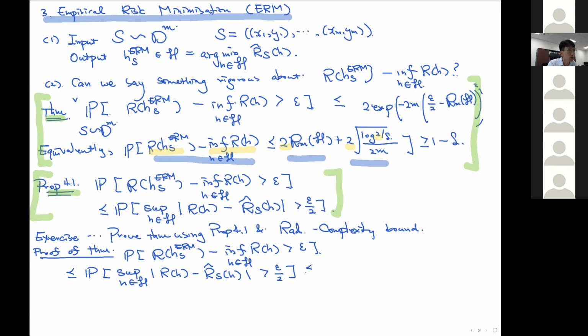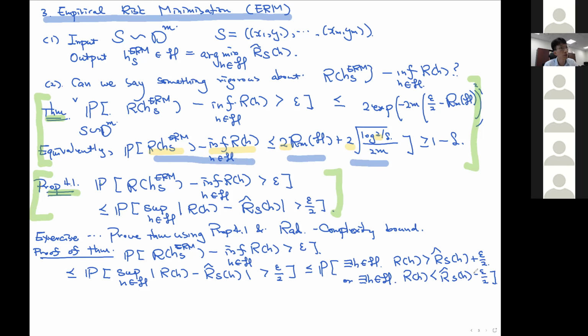That means we have two cases: either there exists a hypothesis such that R of H is greater than the sample risk of H plus epsilon over 2, or there exists H in the hypothesis class such that R of H is smaller than the sample risk of H minus epsilon over 2.